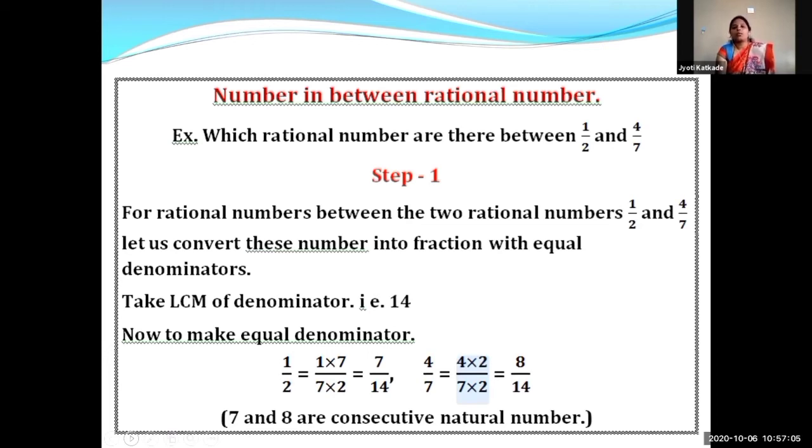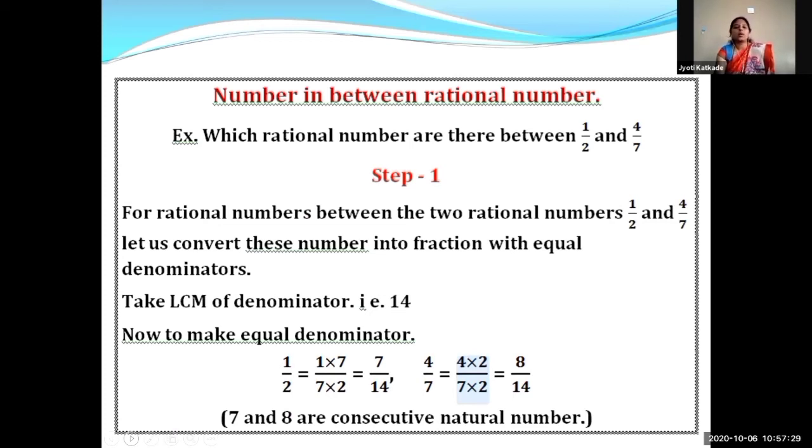For example, which rational numbers are there in between 1/2 and 4/7? See first step, when the denominator is not the same, for rational numbers between the two rational numbers 1/2 and 4/7, let us convert these numbers into fractions with equal denominator.